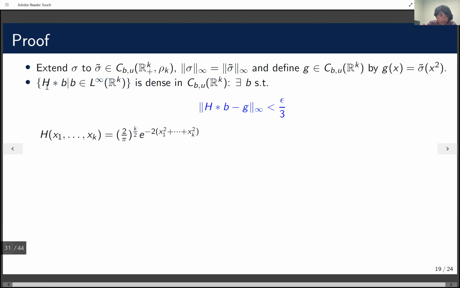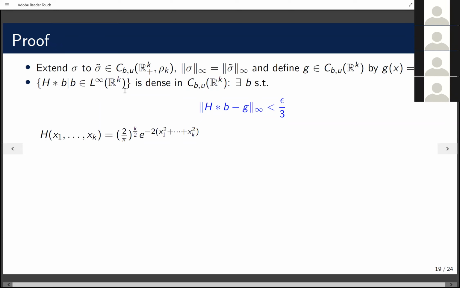So if we look at the heat kernel H, we have that H star b, where b is just an essentially bounded function, this set is dense in CBU(R^k). So this can be taken as a consequence of Wiener's density theorem, or we can prove this using an approximate identity constructed using Schwartz functions.